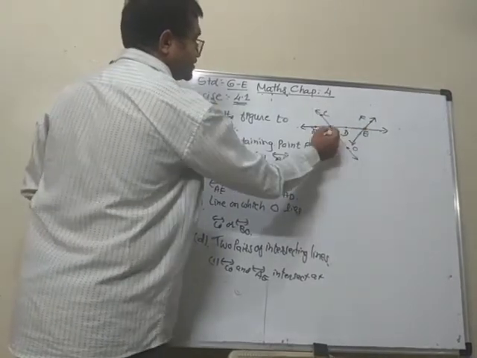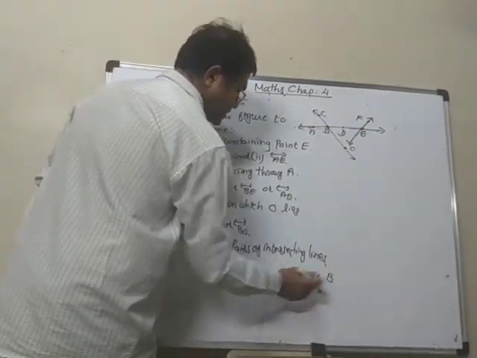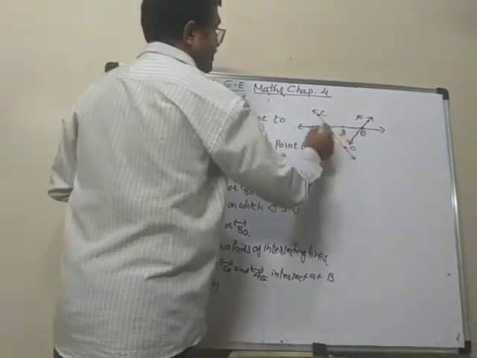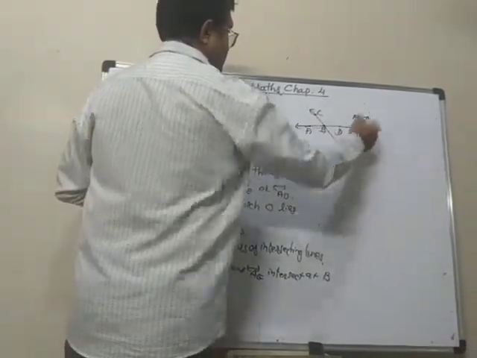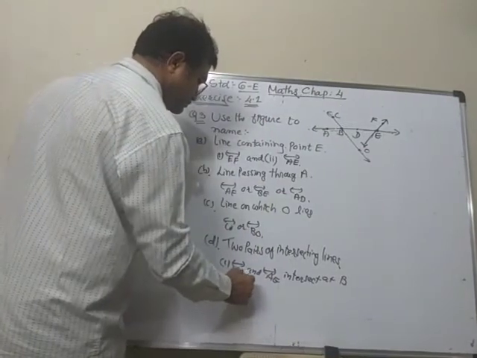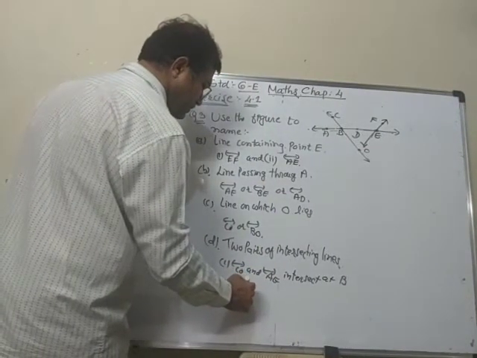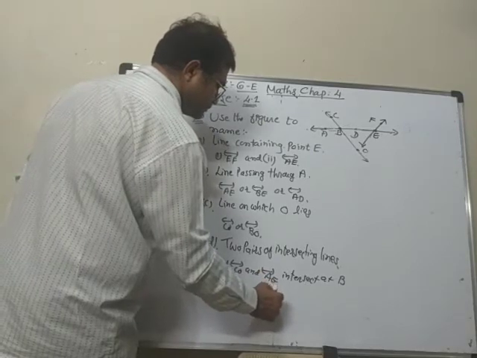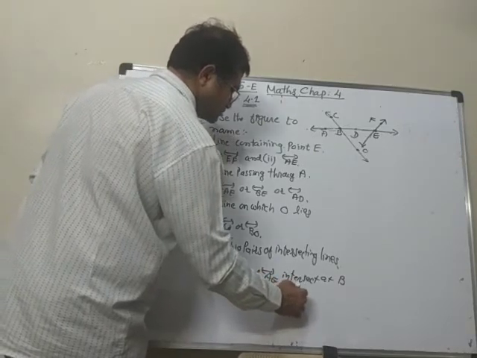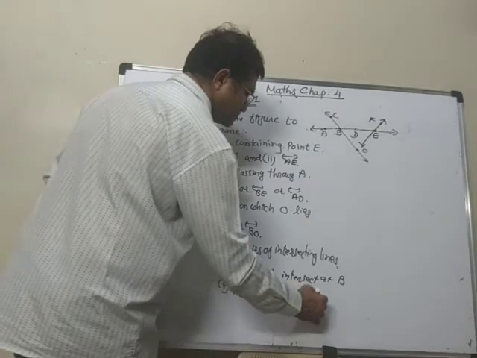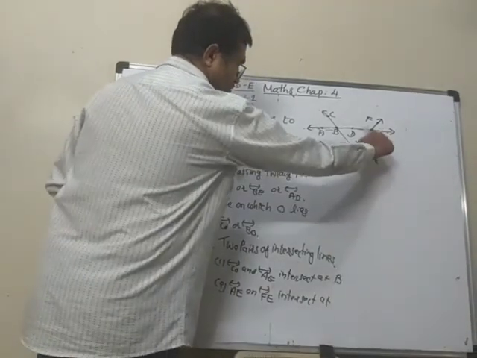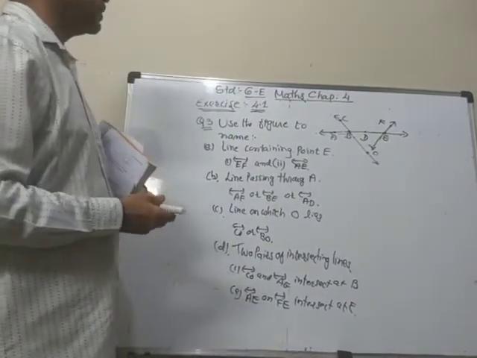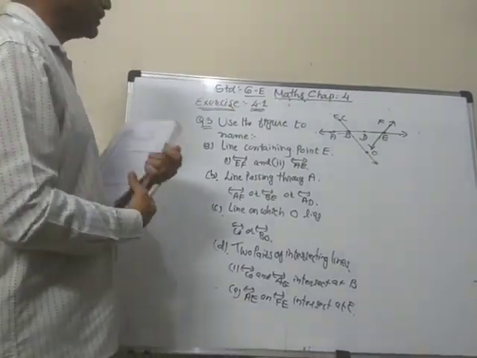They are intersecting at point B. And the second pair, here you can see line AE and line FE. Line AE and line FE intersect at which point? E. So these were the possible answers.